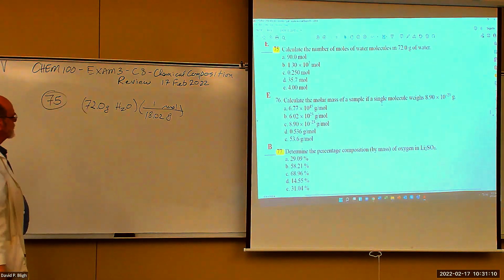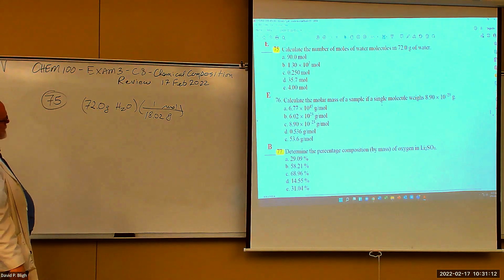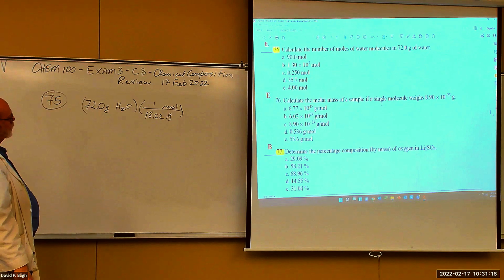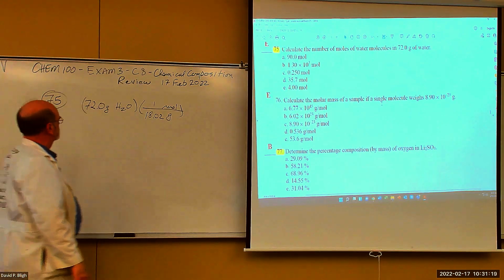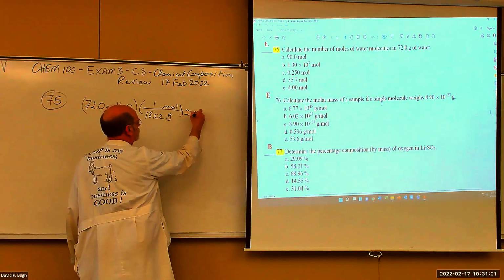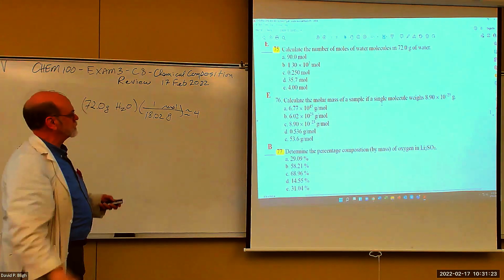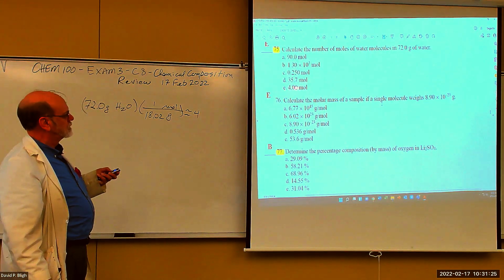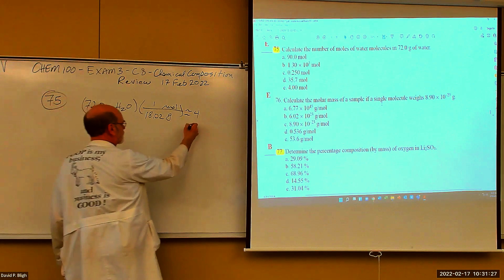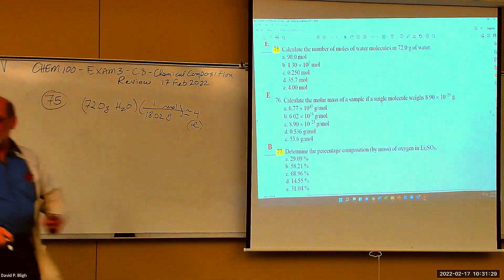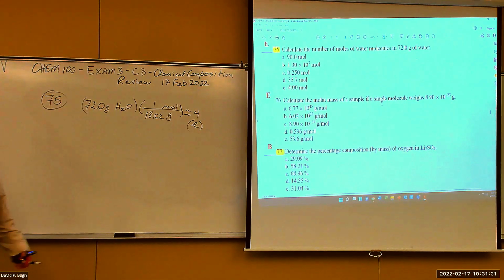So 18 into 72 is about 4 moles. Which one comes close to 4 moles? E does. Okay, so I didn't need my calculator for that.